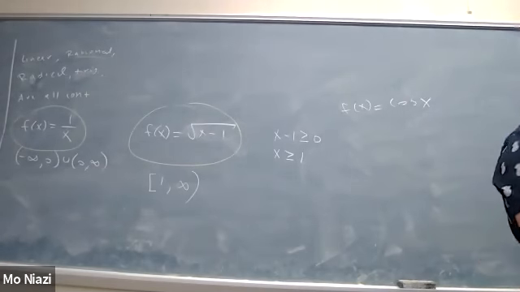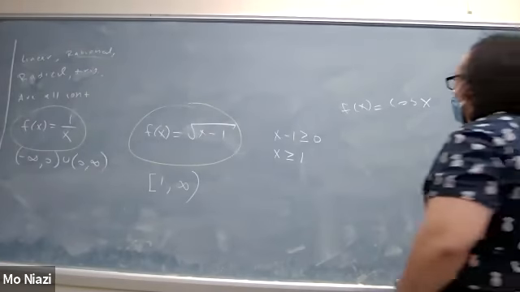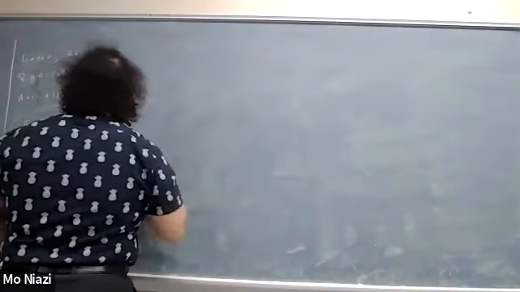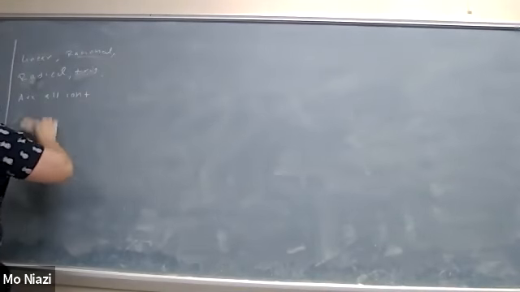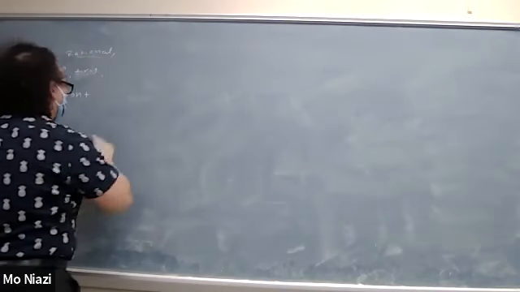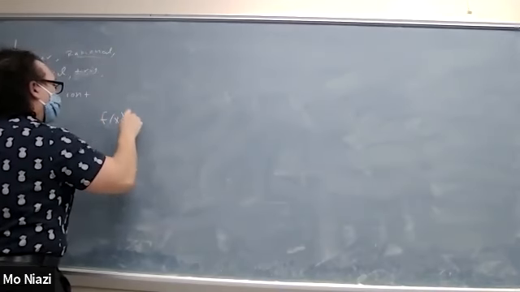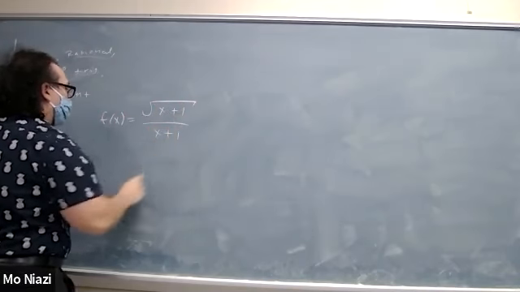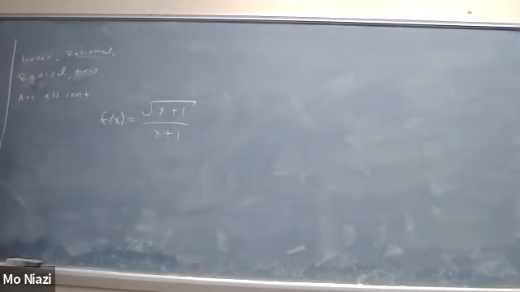So now let's do a combination of them. What is f of x? Square root of x plus 1 all over x plus 1. Where is this function continuous?